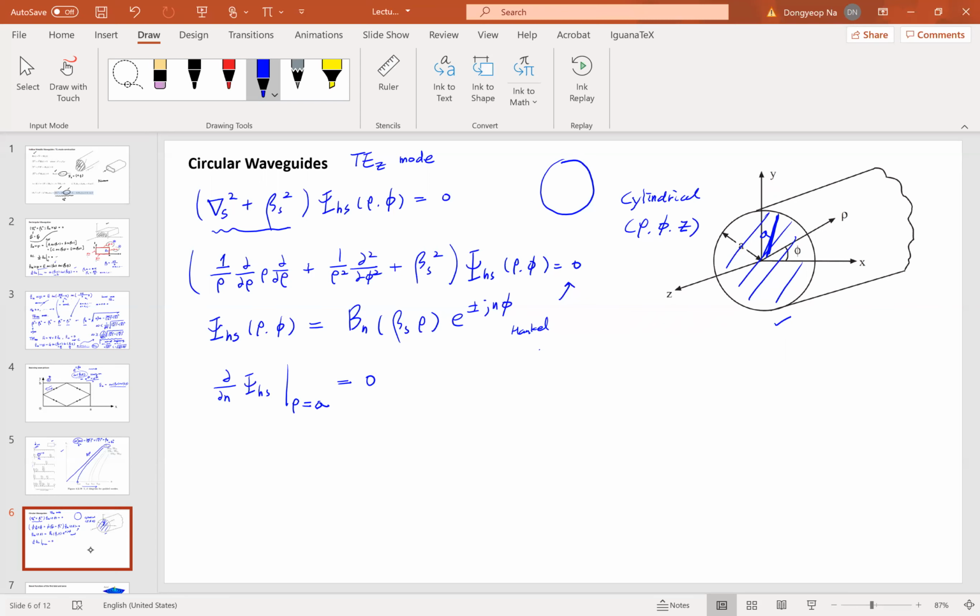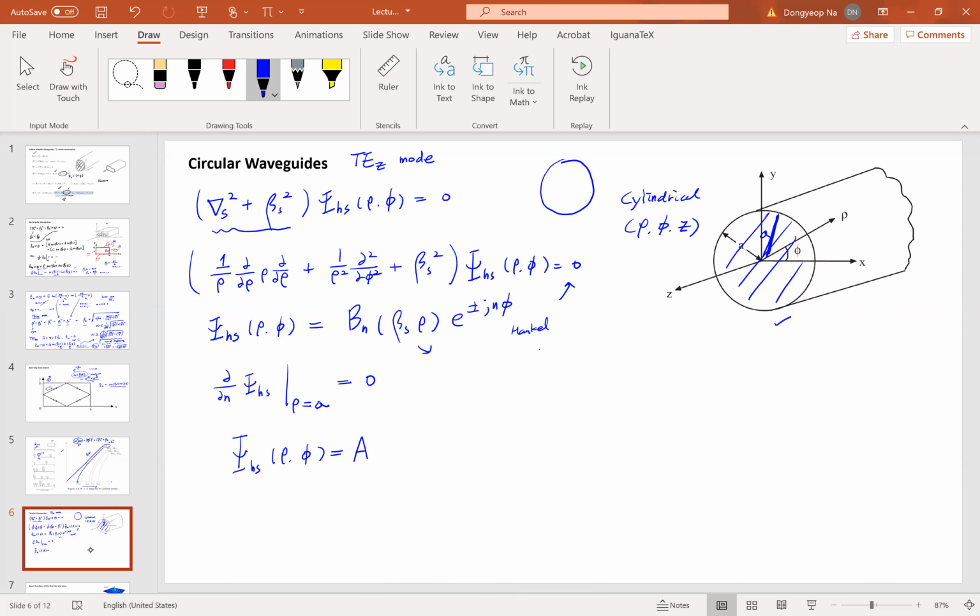I'm going to skip the details of derivation. You can refer to the lecture note and you can practice how to solve this partial differential equation. Then among the Bessel function of first and second kind and Hankel function, the unique solution is going to be the Bessel function of the first kind.